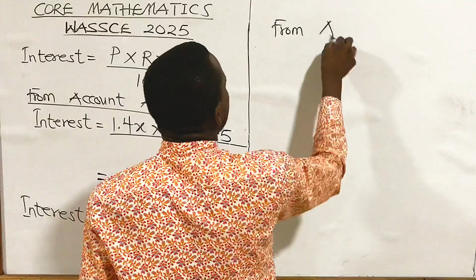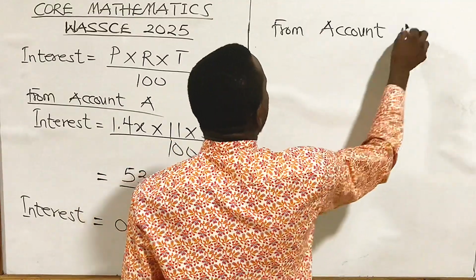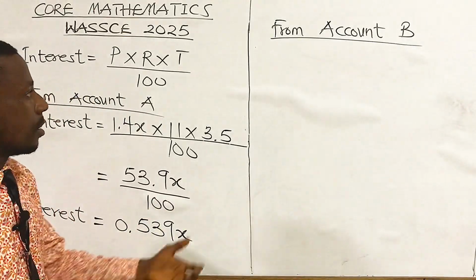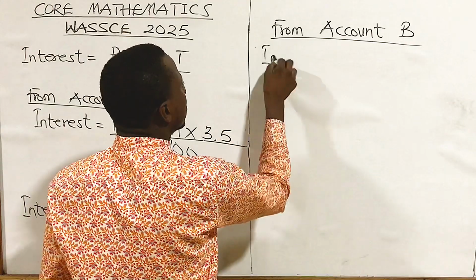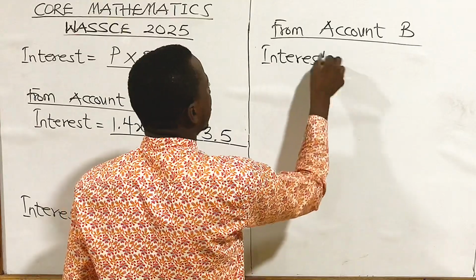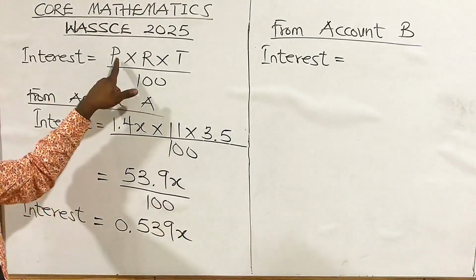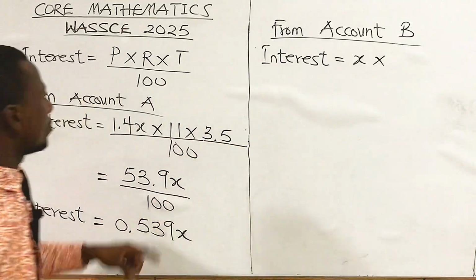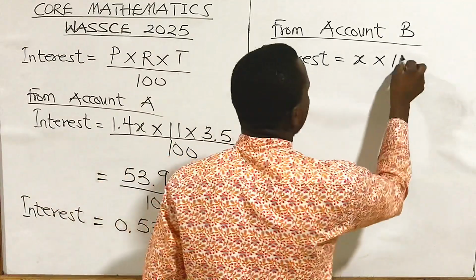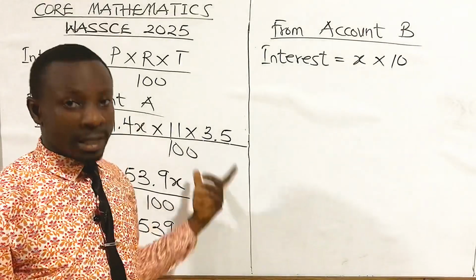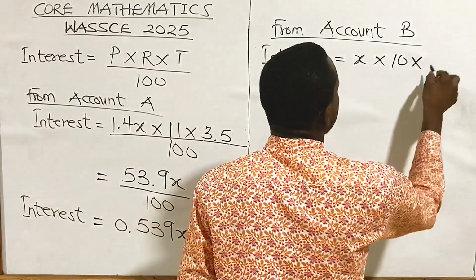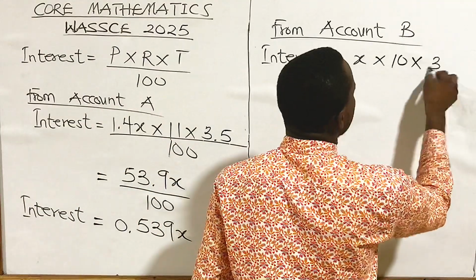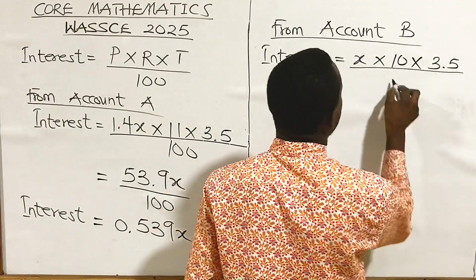From account B, the interest is equal to the principal x times the rate, which is 10, because from account B the rate was 10%, times the same time, 3.5 years, all over 100.